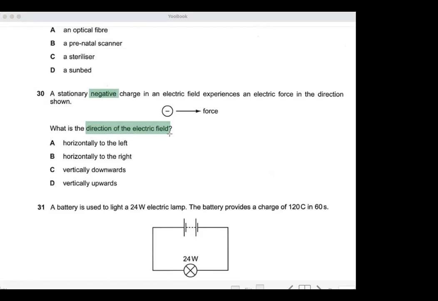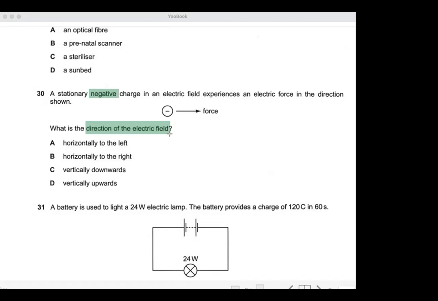Yufeng, well done. How about the rest of you? Ryan, try again. Remember I highlight the word negative.